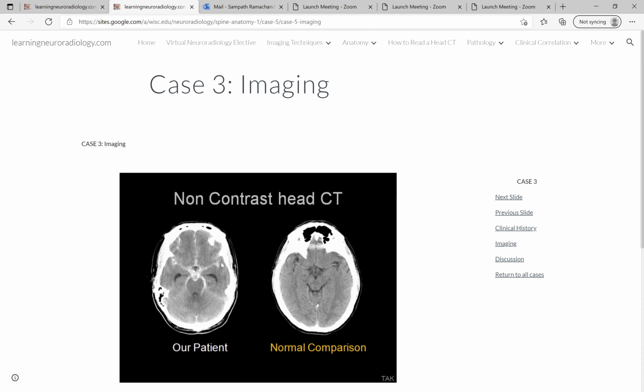And if the patient is lucky, they can be brought in, and then we can do further imaging and figure out where they're bleeding from.